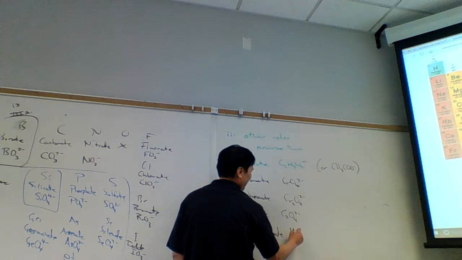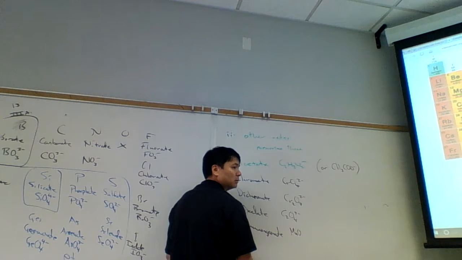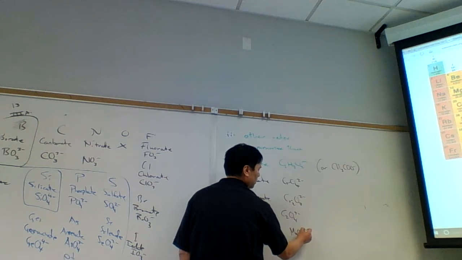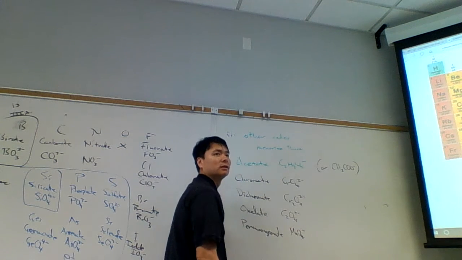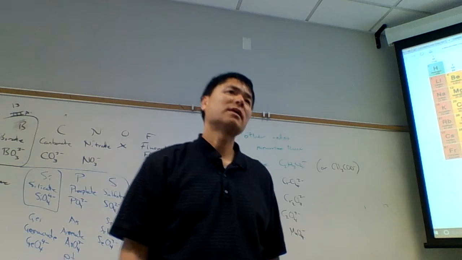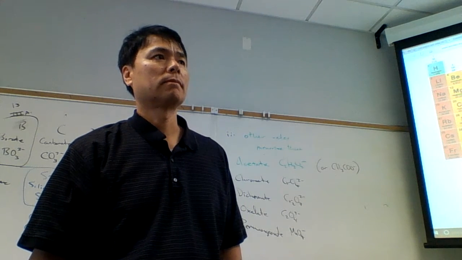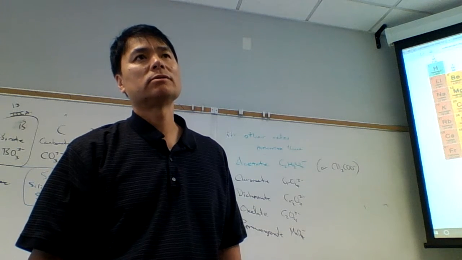Permanganate is MnO4, but the charge is only minus 1. And so it's MnO4 minus. And unfortunately, you've got to just memorize those.